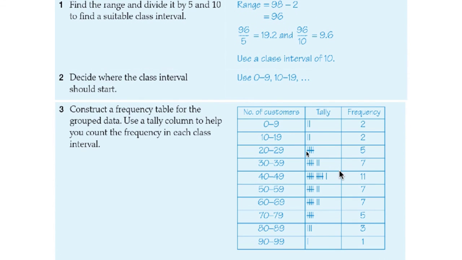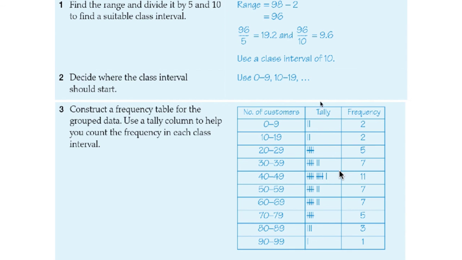What I should have said is once you work out your class interval, you set up your ranges: 0 to 9, 10 to 19, 20 to 29, 30 to 39, 40 to 49, and so forth, until you've covered the entire range. Remember, our largest value was 98, so the last range is from 90 to 99.